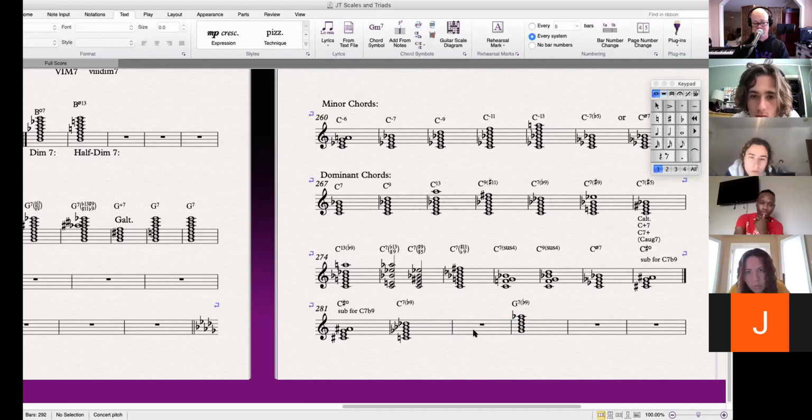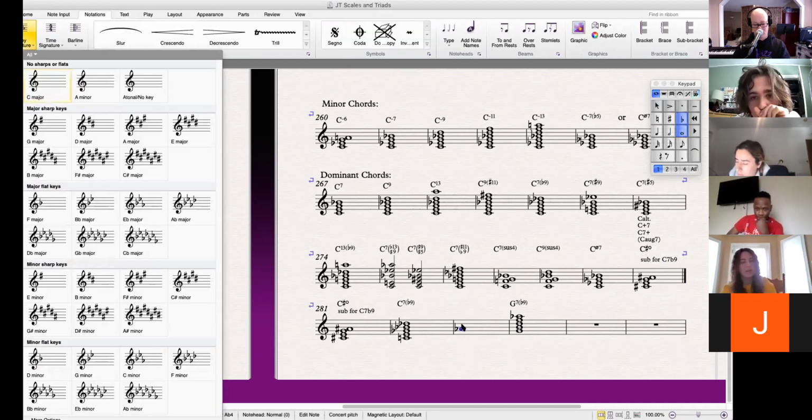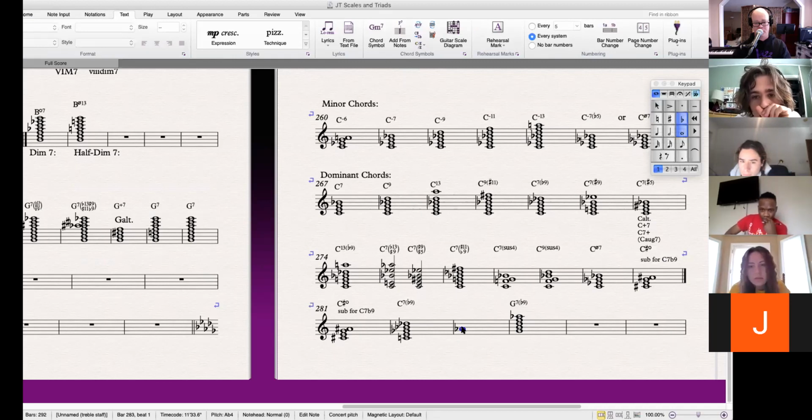G sharp is the root. Yeah, G sharp, or more commonly we would call it A flat, just because you end up with a lot of sharps when you end up with a B sharp and some other stuff. Okay, so A flat diminished is going to be the chord. What did I just do?